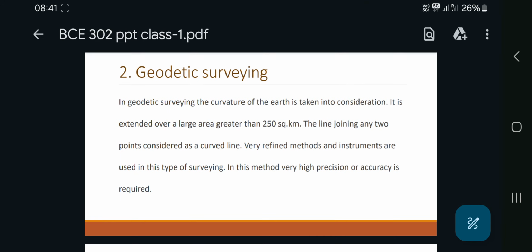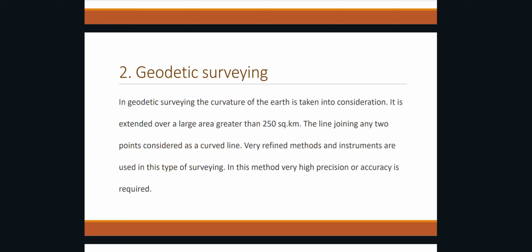Next is geodetic surveying. In geodetic surveying, earth curvature is taken into consideration. As we know, the surface of the earth is nearly spherical, so we consider the earth as a spherical surface and do surveying with more precise instruments.